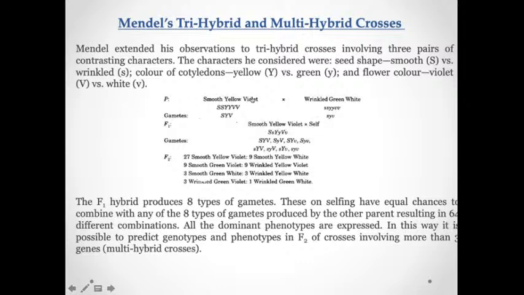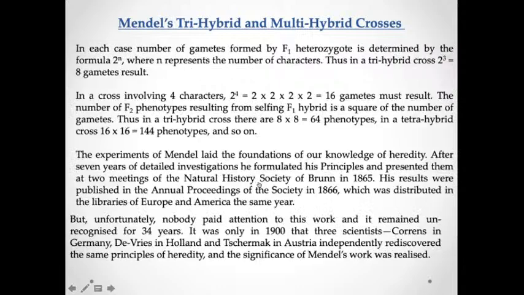We can see smooth, yellow, and violet, and then green, wrinkled, and white. So you have the gametes, then you make a cross. The first F1 generation is smooth yellow violet because they are dominant. Then you have gametes like this. Then the F2 generation will have 27 smooth yellow violet and 9 smooth green violet, like this. You have different ratios being produced. So this is an example of a trihybrid cross.